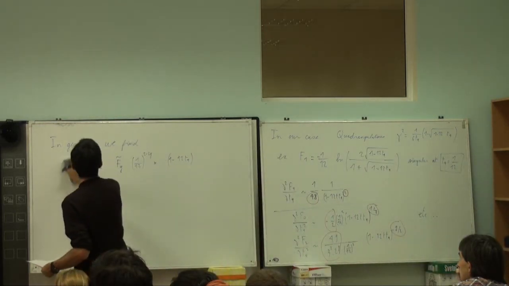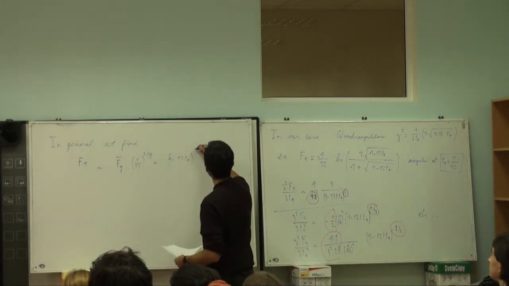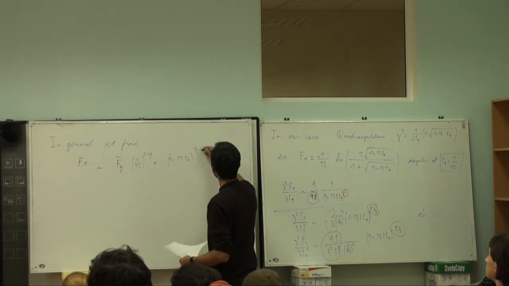Let me not take the derivative directly. Fg to the power 2 minus 2g times 5/4.